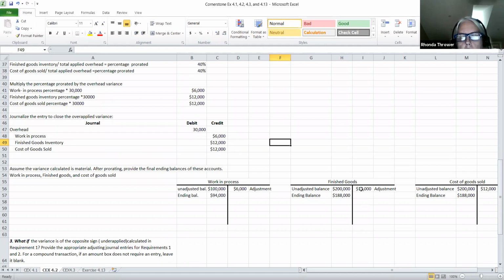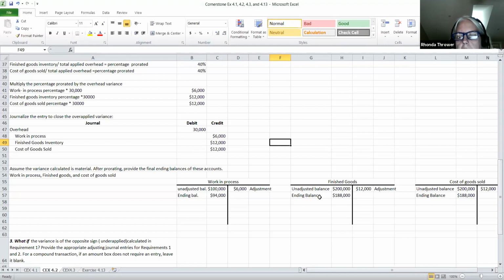I just posted each one of these as a credit. And then you find the new balance in the work in process account. Because work in process is an asset account, you're going to reduce the work in process by the $6,000 adjustment. So this minus this equals the ending balance for work in process.